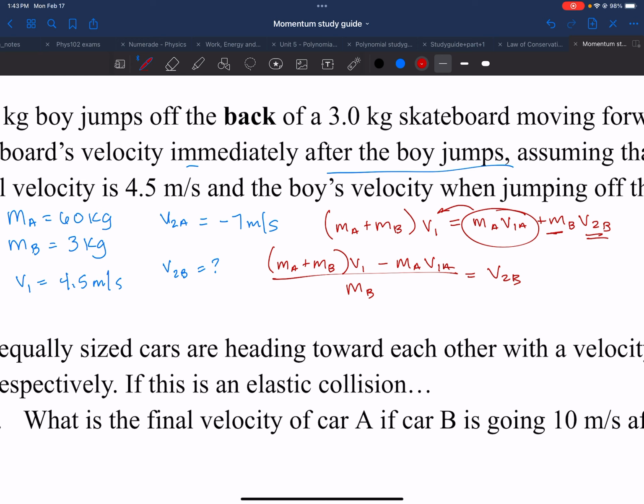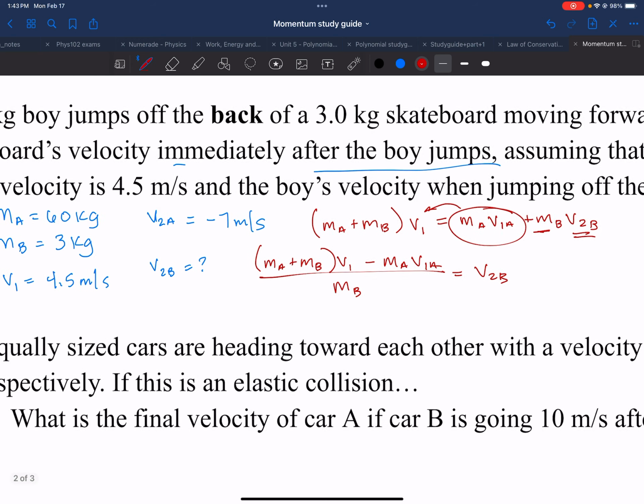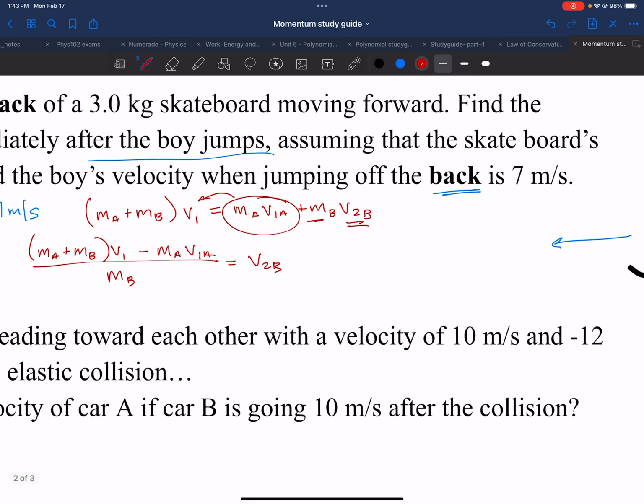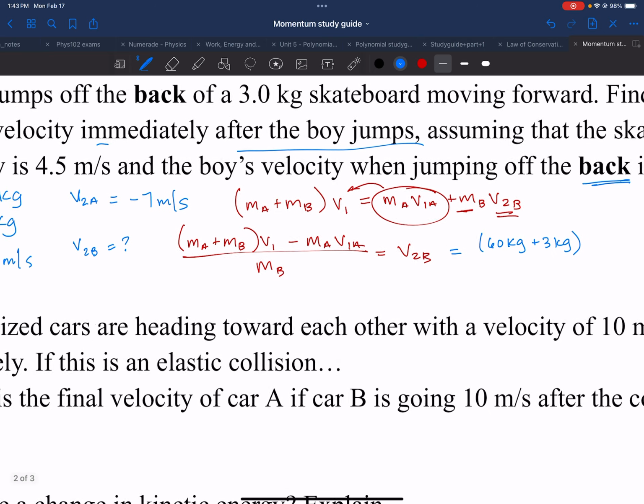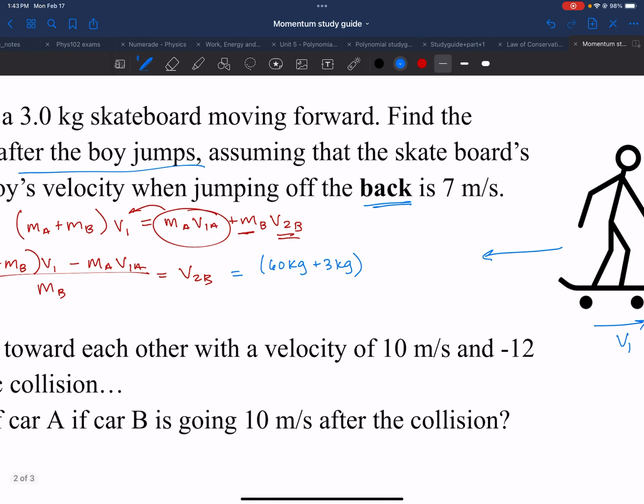And again, if you're struggling with any of the algebra, come see me so that we can get that all figured out. So plugging everything in, I should have 60 kilograms plus 3 kilograms times an initial velocity of 4.5 meters per second.